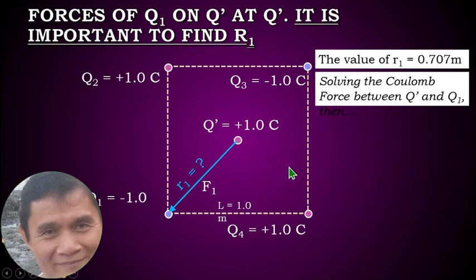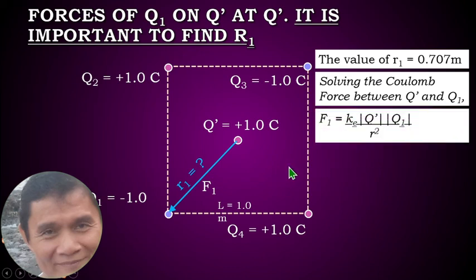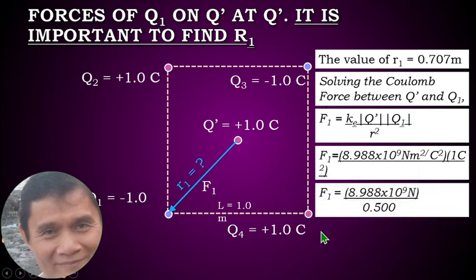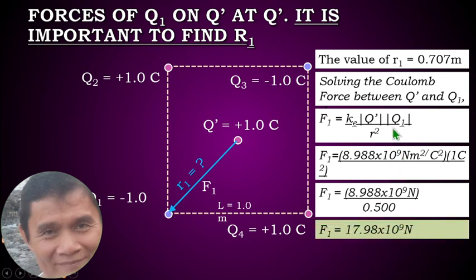Solving the Coulomb force between Q prime and Q sub 1, substitute K sub E, multiply by C squared, then divide by 0.5. Incidentally, it was not written here, 0.707 happens to be 1 over the square root of 2.